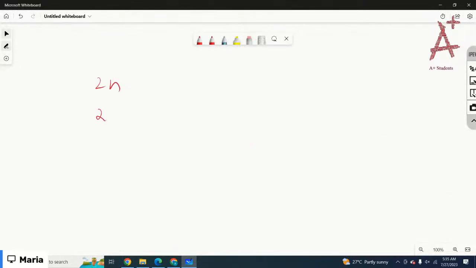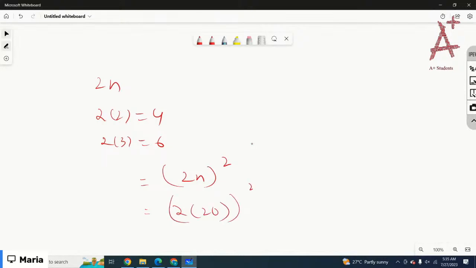Got it? 2 times 2 is 4, then 2 times 3 is 6. So this is a square, so it would be 2n square. Got it? So you have to calculate for n equals 20. So it is 2 times 20 and then square. 2 times 20 is 40 and 40 square is 1600. Got it?